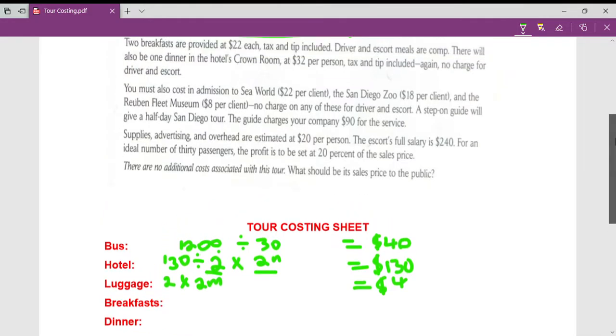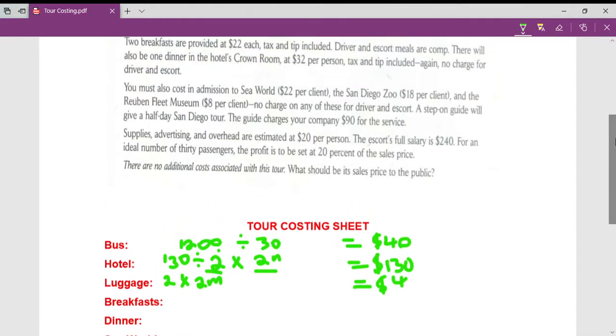All right, and it goes on to say that there will be 2 breakfasts that are provided at $22 each, tax and tip included. So meaning it's very important that you don't confuse it. They're talking about 2 breakfasts, because oftentimes when we get to this section, students get confused.